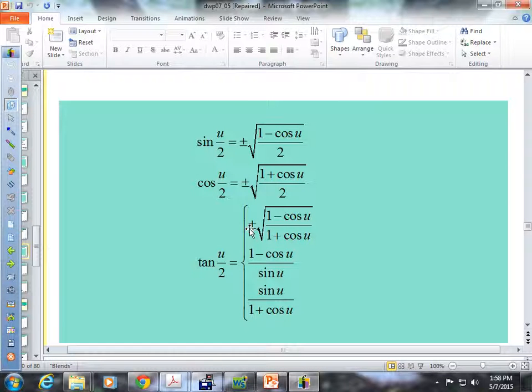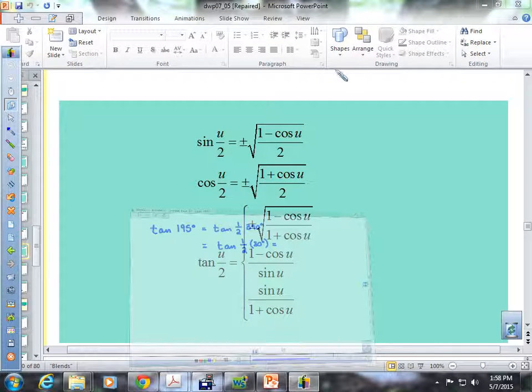We've got a tangent one where we're going to have to determine if it's going to be positive or negative, or we can use one of these ones where we don't have to determine if it's going to be positive or negative. Which one would be easier? The one where we don't have to, right? So we can either use the 1 minus cosine over sine or sine over 1 plus cosine. Ultimately, does that matter? No. So either one of these will be useful for us.